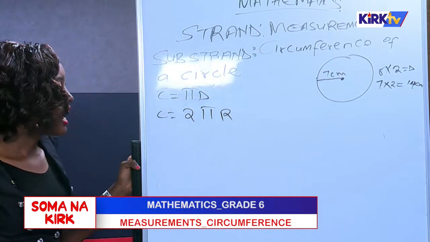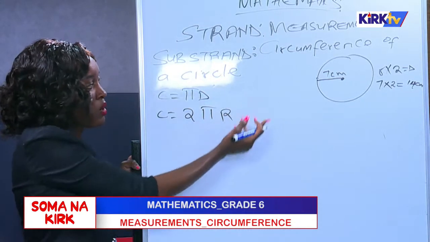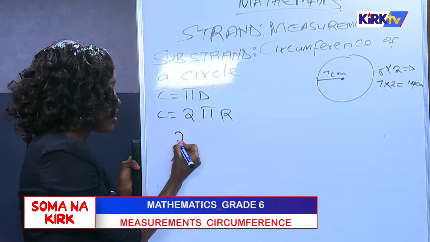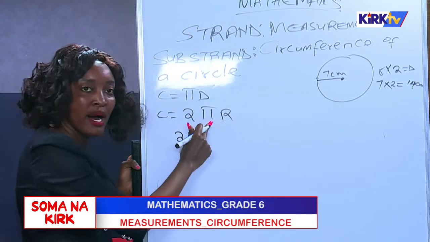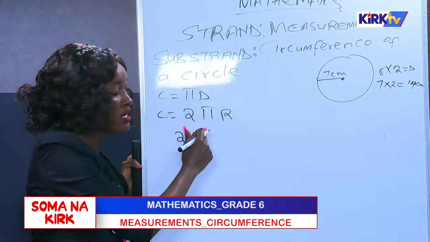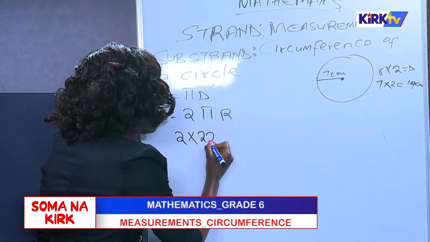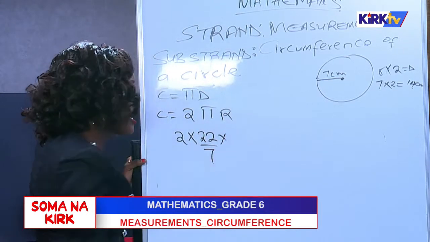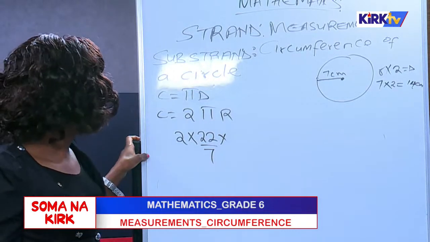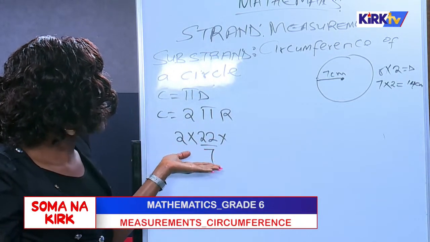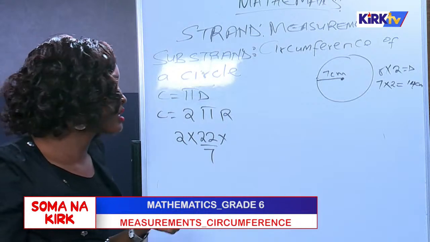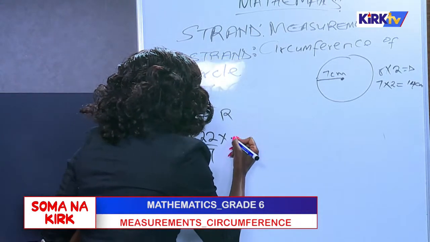All right? Let's work out that sum. 2 multiplied by our pi, which is 22 over 7, then you multiply by the radius, which is 7 centimeters.